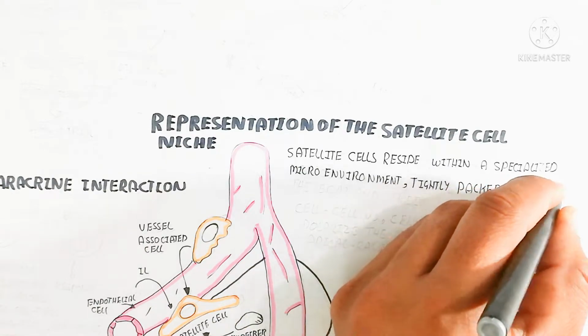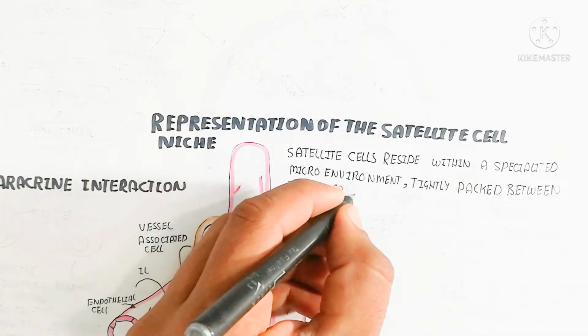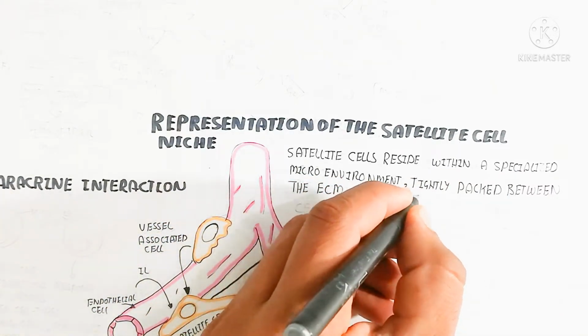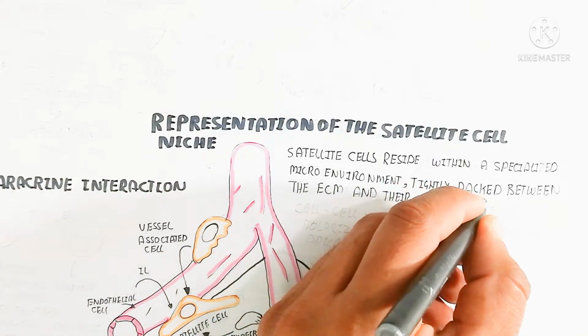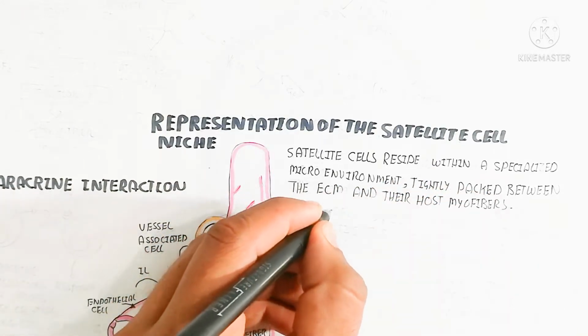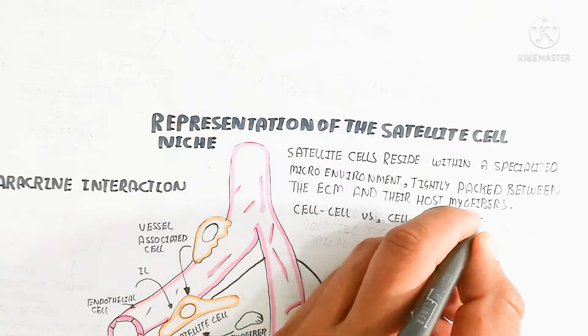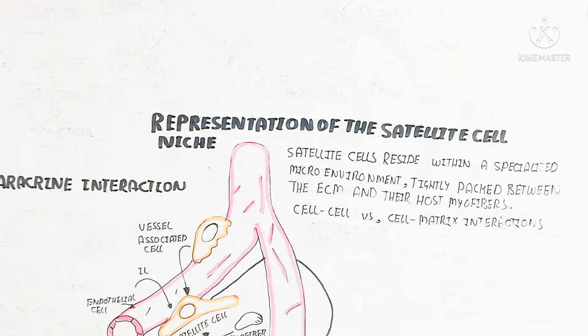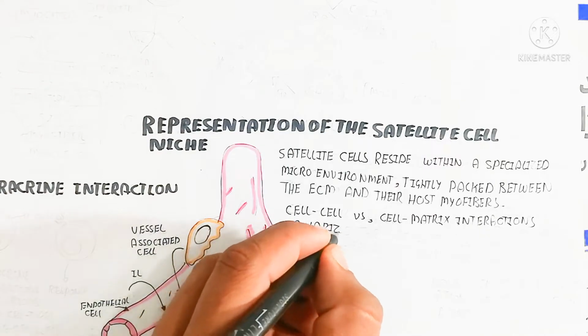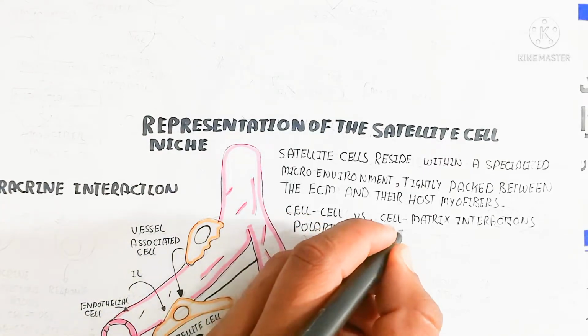The satellite cells reside within a specialized microenvironment, tightly packed between the extracellular matrix and their host myofibers. Cell to cell versus cell to matrix interaction.